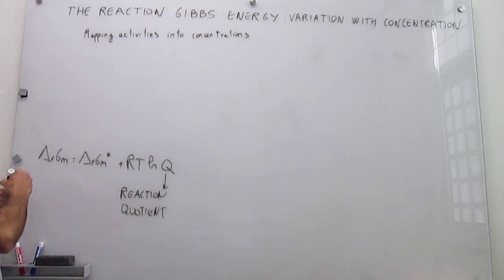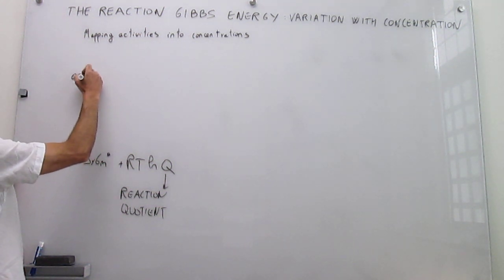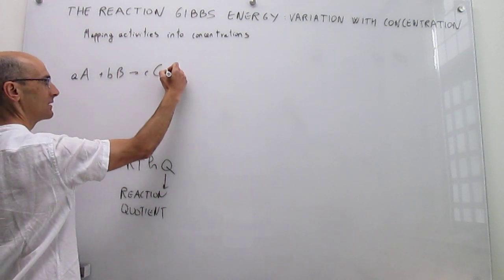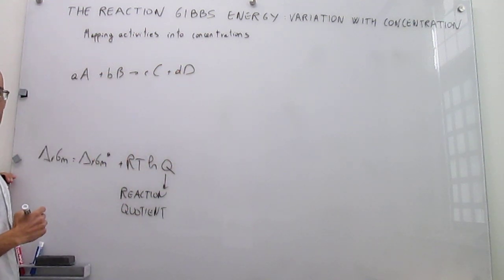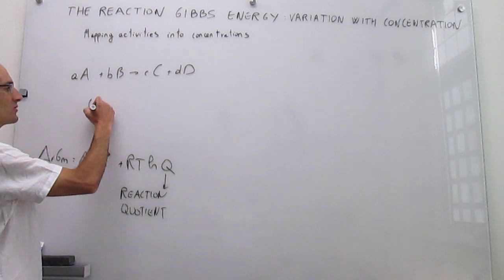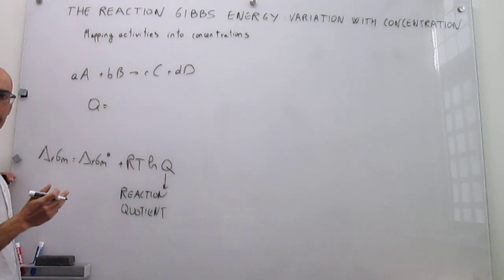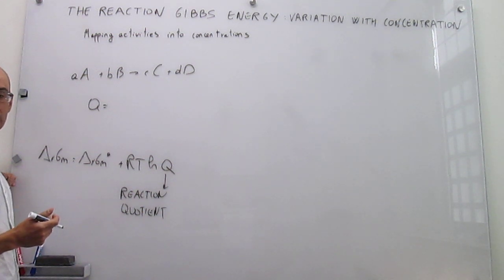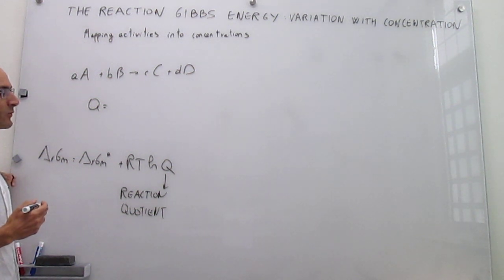Right, so let's try to remember what a reaction quotient is for a generic reaction with two reagents A and B and two products C and D, which are multiplied by their stoichiometric coefficients, lowercase a, b, c, and d. The reaction quotient is simply the concentration of products in the numerator to the powers of the stoichiometric coefficients divided over the concentrations of reagents elevated to the powers of the stoichiometric coefficients.